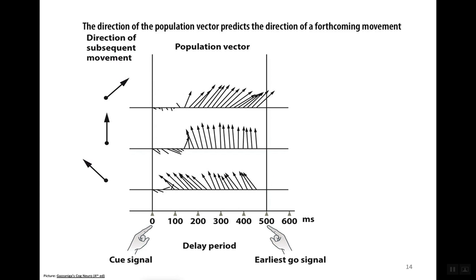Okay, now this might all be quite interesting, but we're still left with a problem, and that is information about endpoint. While the motor cortex might be a reliable source of information regarding the direction of movement, what is responsible for encoding information regarding the endpoint of movement?